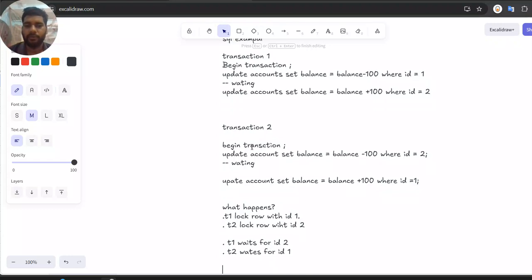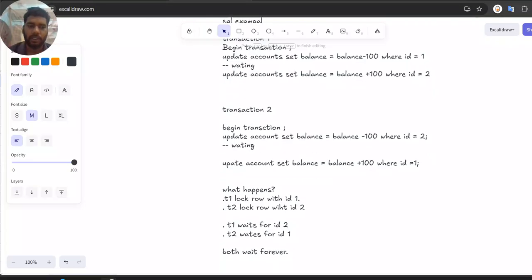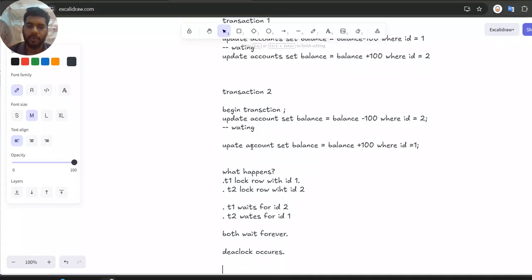Both wait forever. Then deadlock occurs.